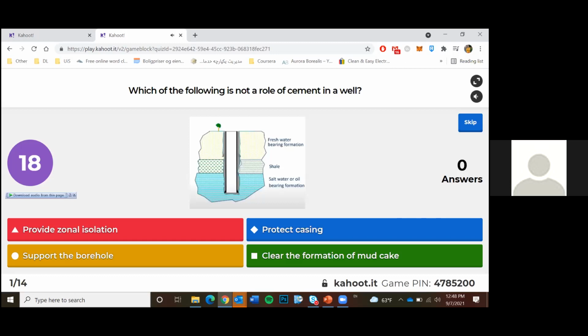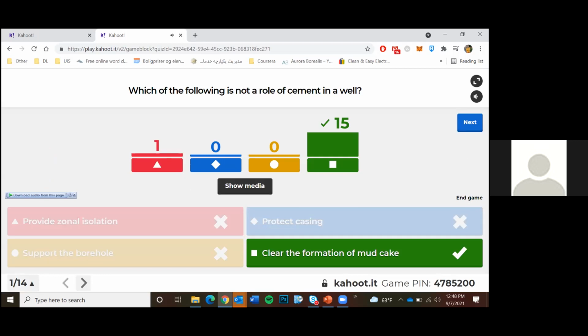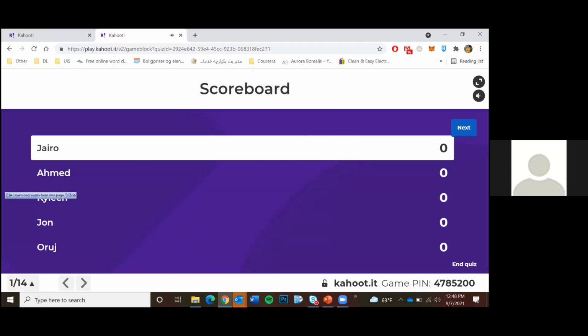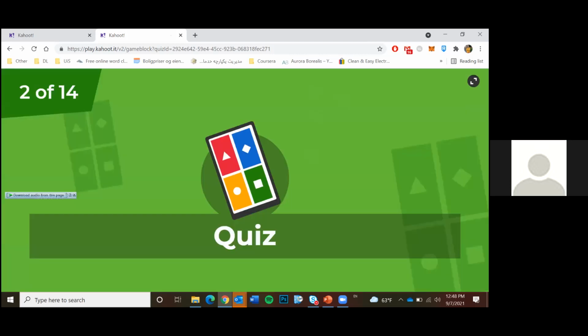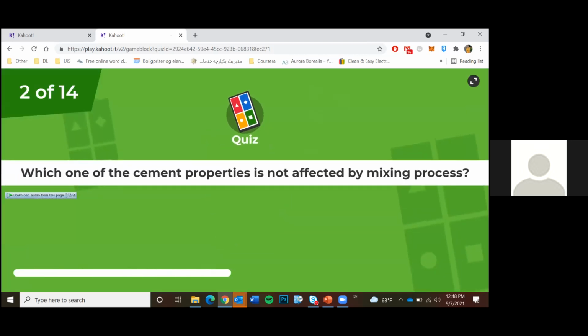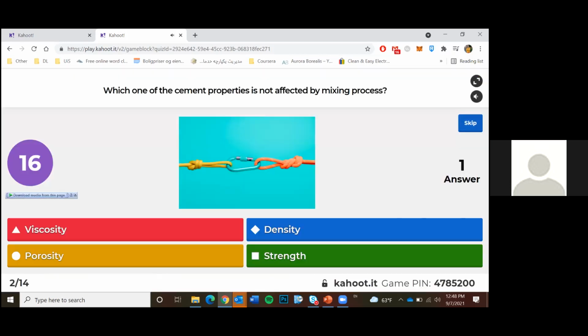Which of the following is not a role of cement in a well? Which of the following cement properties are not affected by mixing process?